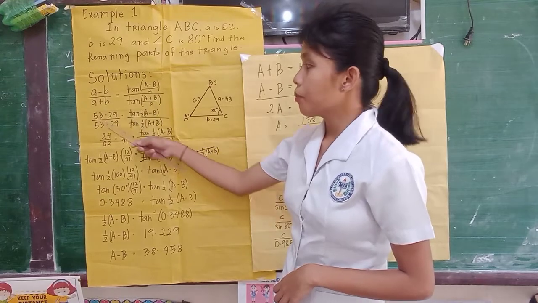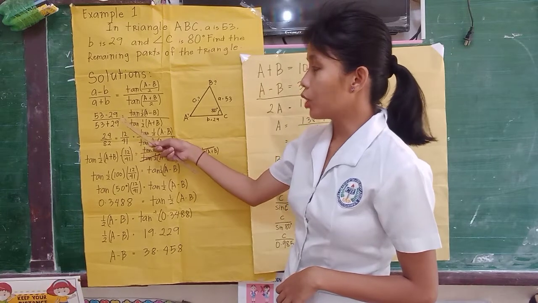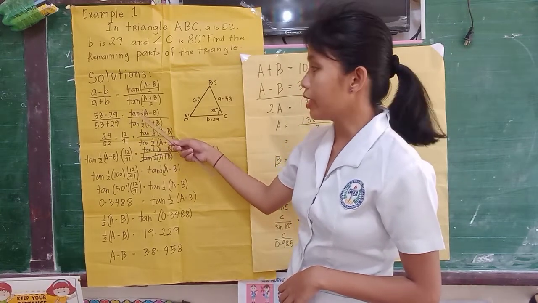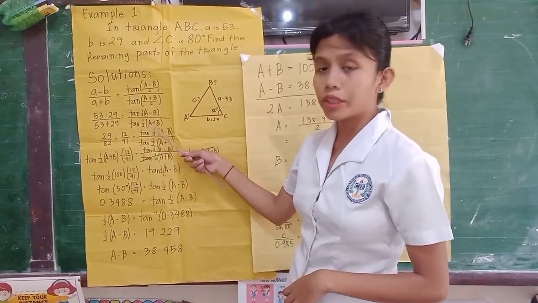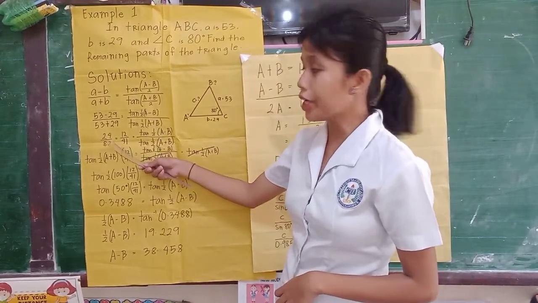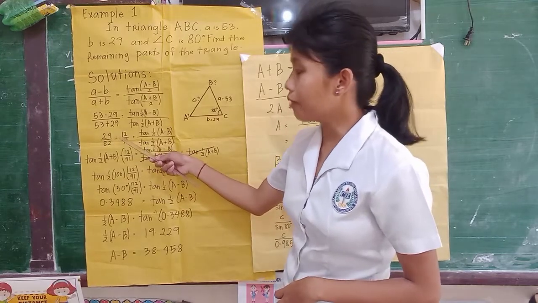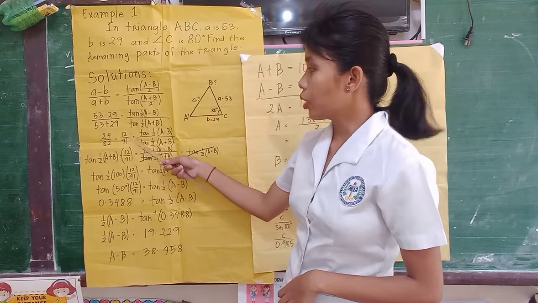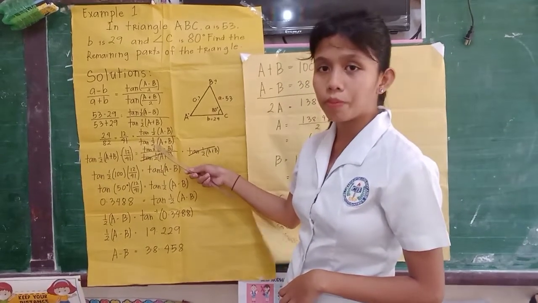It will be (53 − 29)/(53 + 29) = tan(½(A − B)) / tan(½(A + B)). It will be 24/82. Simplify it. It will be 12/41 = tan(½(A − B)) / tan(½(A + B)).